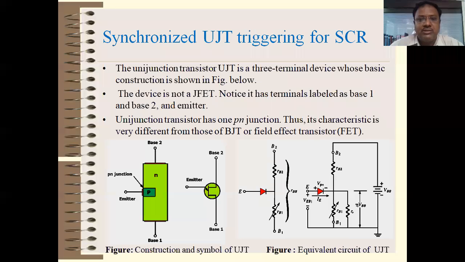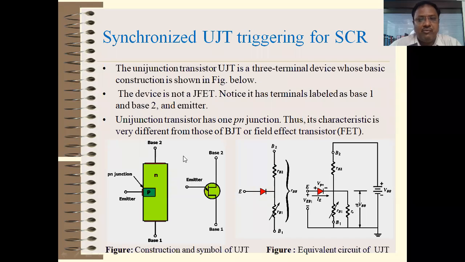Once you know the device, then it is easy to understand the working of UJT triggering circuit, because in most of the circuits UJT triggering is used. So even we have one practical for single phase converter, in which UJT triggering circuit is used to trigger the SCRs. Okay, so this device we have discussed in the last lecture.